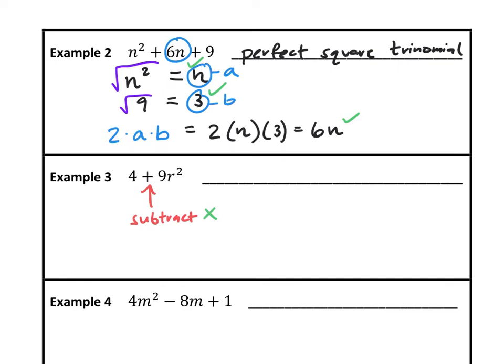So this is not a difference of squares, and it's also not a trinomial, because a trinomial is made up of 1, 2, 3 terms, and this is only made up of 2. So it's not a trinomial, it's not a difference, there's no subtraction, so we're going to say this is neither. Let me write that a little bit neater.